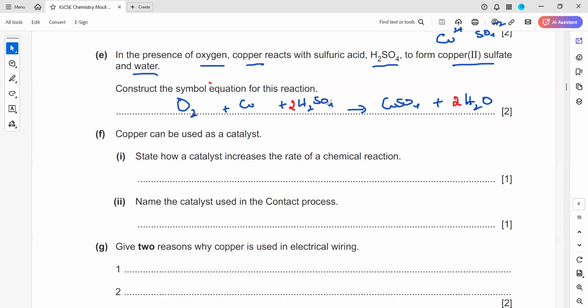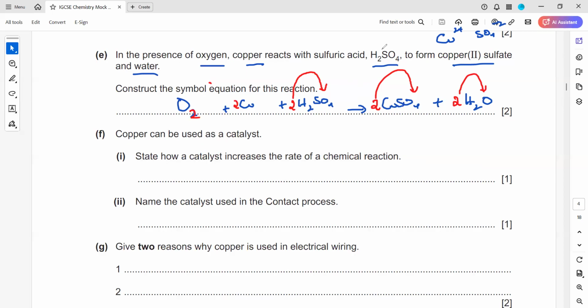Sulfate is 2, so if I put 2 here, copper, hydrogen and sulfur are balanced. What about oxygen? 2 multiplied by 4 is 8, plus 2 is 10. It's balanced. All of them are balanced.